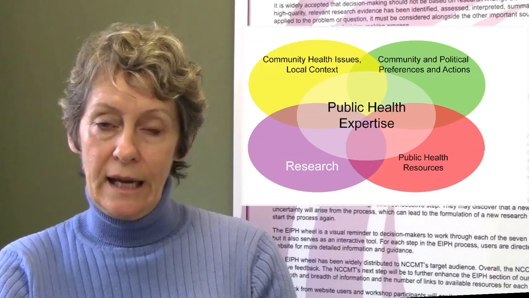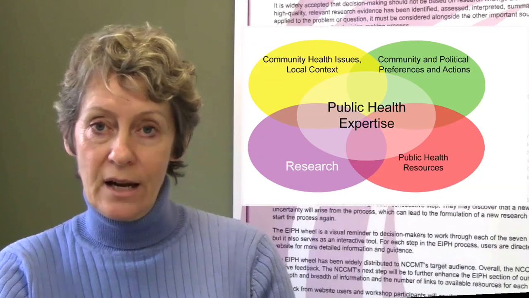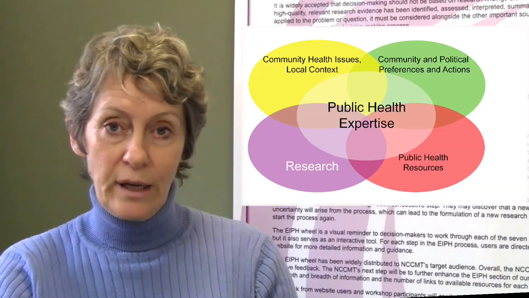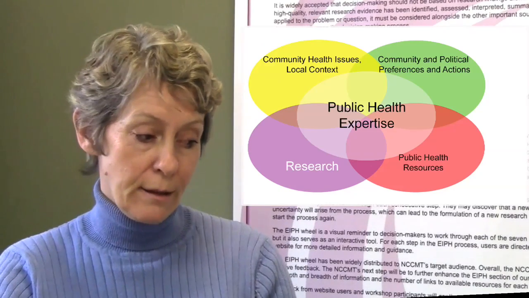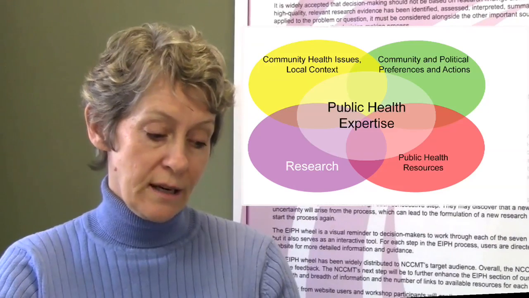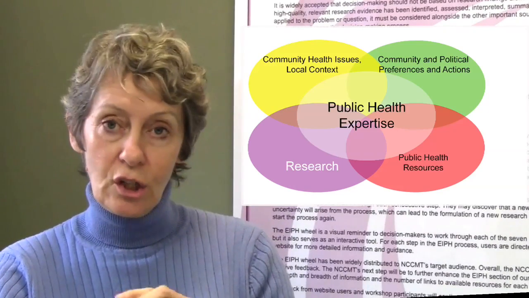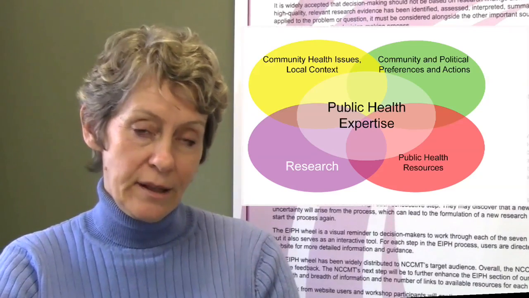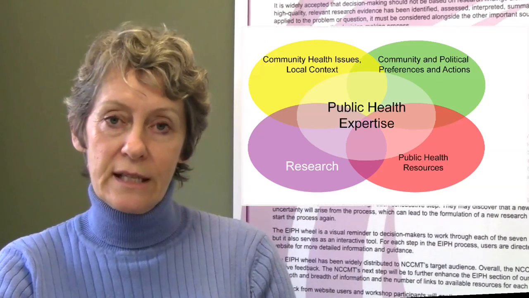So evidence-informed decision-making is not about just bringing research evidence into the decision-making. It's about bringing research evidence combined with the resources that are available, the context of the regional health authority or the health unit where you work, and what the population preferences and values are.